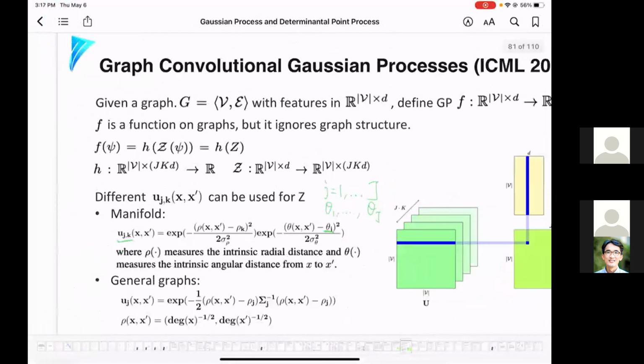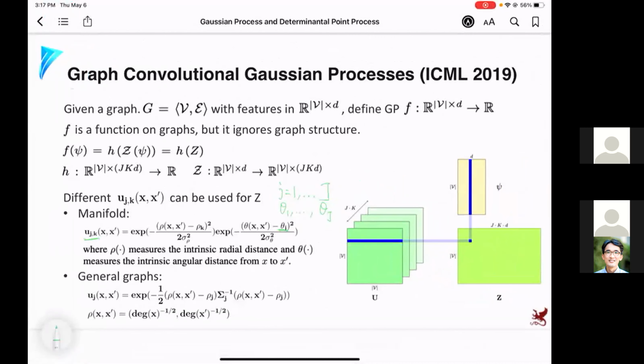Okay. Yeah. So in this case, they call it graph convolutional, but it's not like the graph convolution we used to see in the GCN models. They explicitly define different filters. In this case, J by K different filters, and they want these filters to capture the relationship between different nodes. And for graph data, they give another example of the U function you can choose. In this case, we are only left with one hyperparameter, so the K is gone.